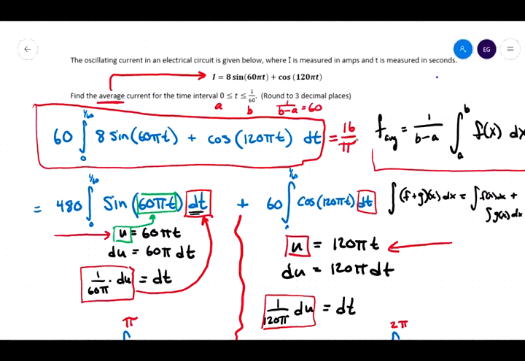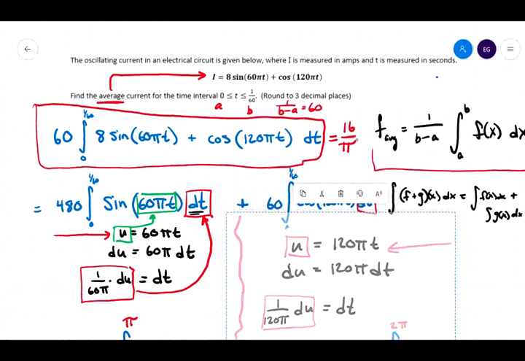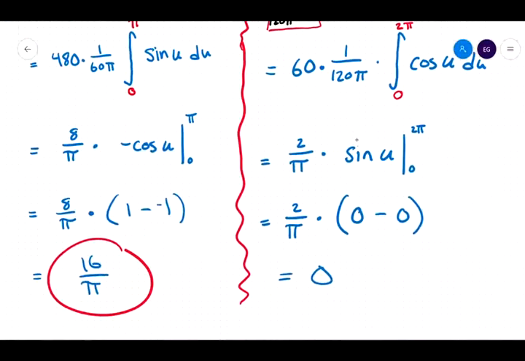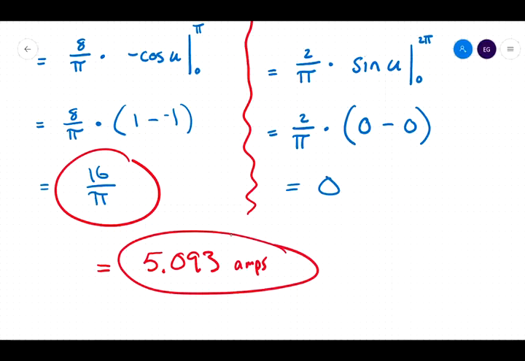And the directions say round this to 3 decimal places. So we could pop this into the calculator. 16 over pi rounded to 3 places will give you 5.093, and that's measured in amperes or amps. Okay, so exact answer 16 over pi or the rounded decimal 5.093. All right, that about does it for this one.